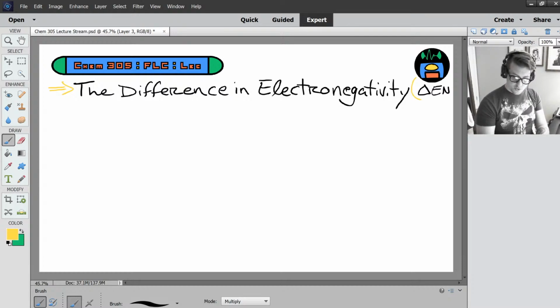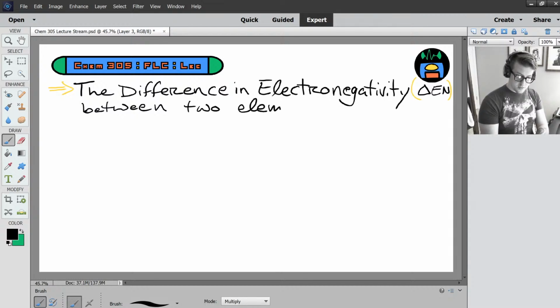That will symbolize the difference in electronegativity between two elements, and it determines whether a bond will be ionic or covalent.